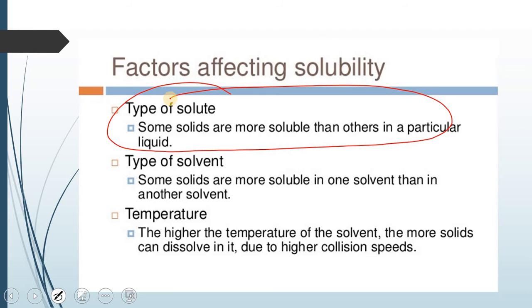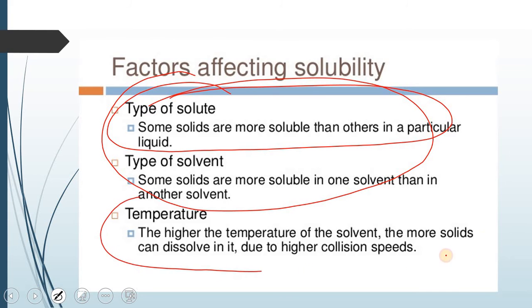Contohnya hydrogen peroxide, for example, which is a disinfectant solution. When you put hydrogen peroxide inside the air syrup, it won't dissolve. But if you use hydrogen peroxide inside water, yes, it will dissolve. So the type of solute and the type of solvent really affect your solubility.